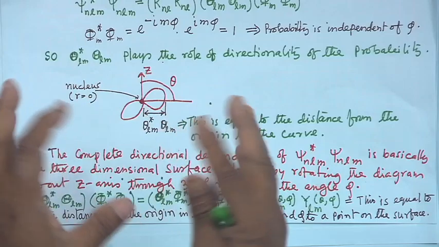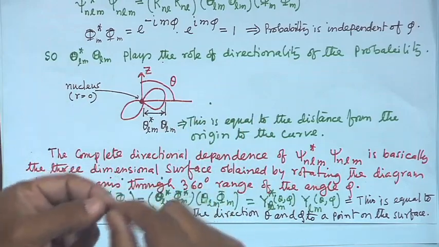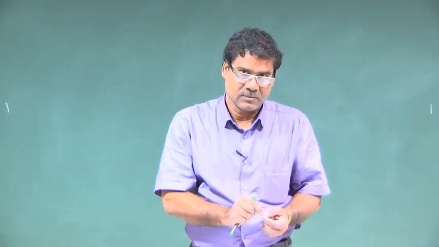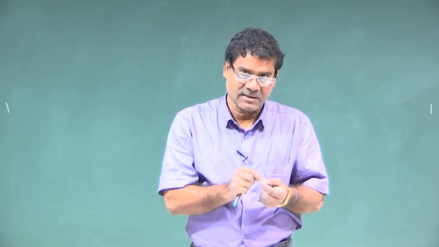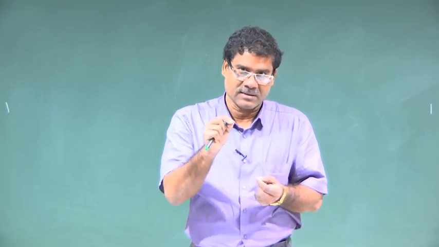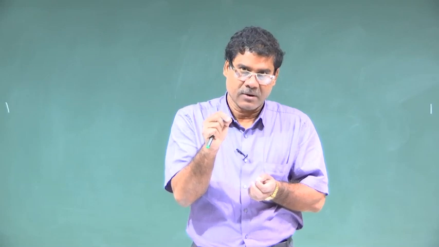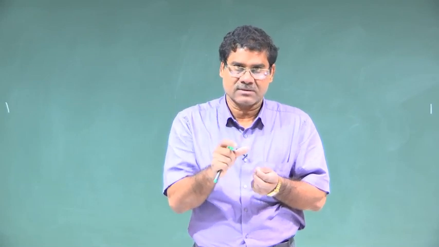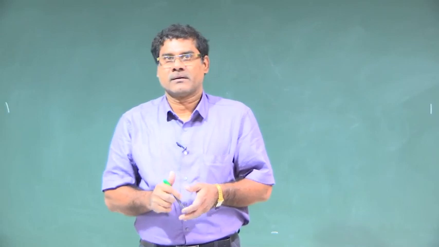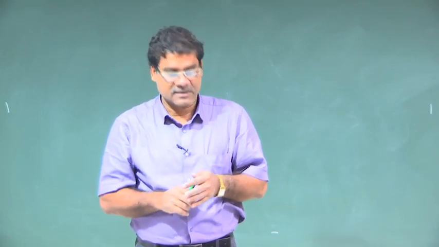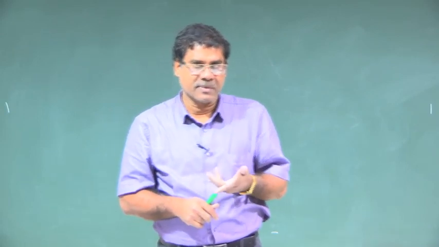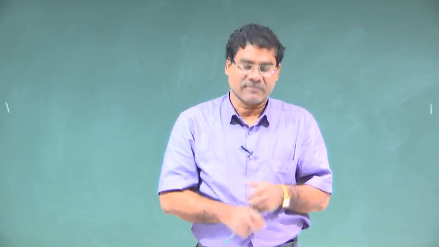That distance from the nucleus to a point on the surface is the angular probability density, which depends on the angles theta and phi.